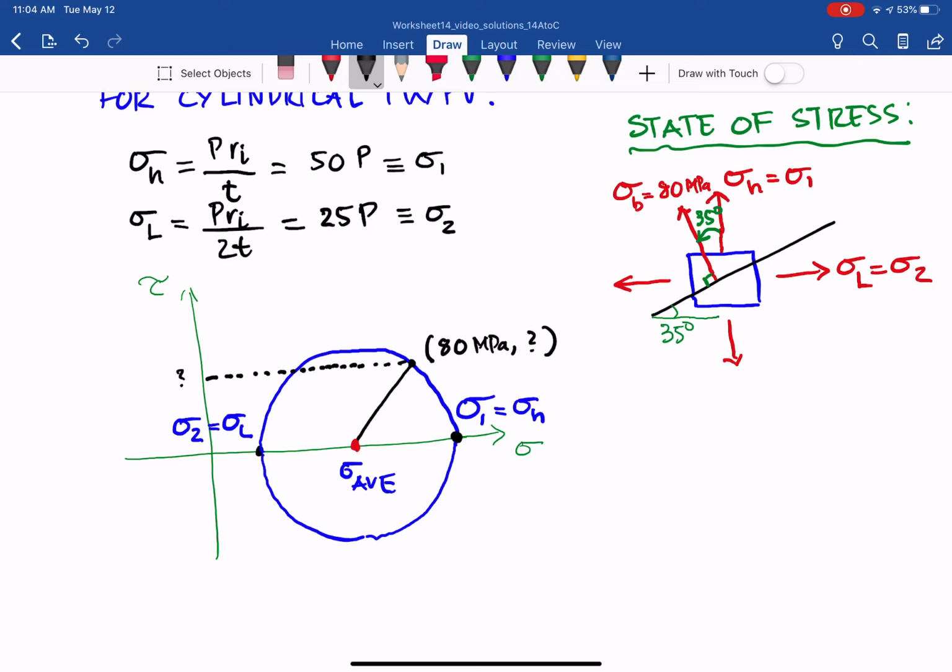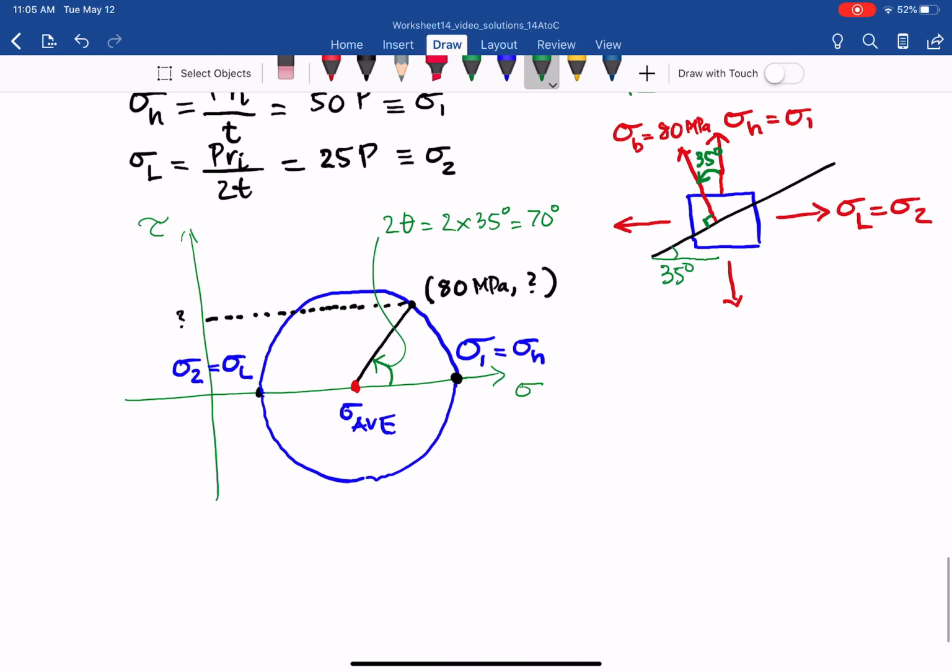And the angle here is counterclockwise, and that is 2 theta equal to 2 times 35 degrees, and that equals 70 degrees there. So from that, what can we have for the equation here? As you can see now, we can project it down here.